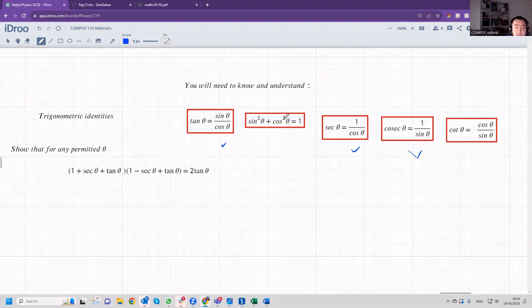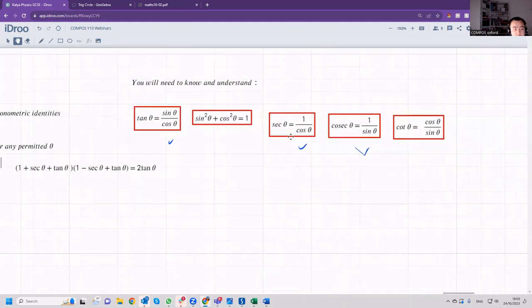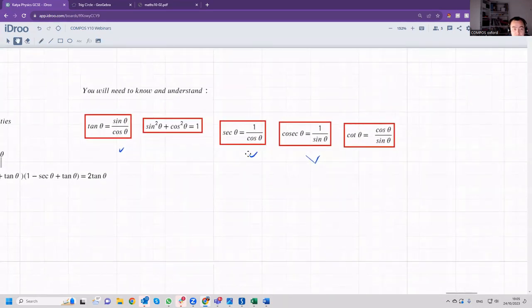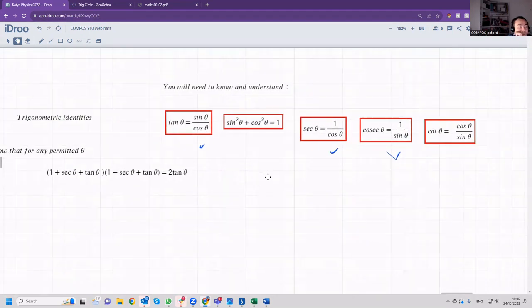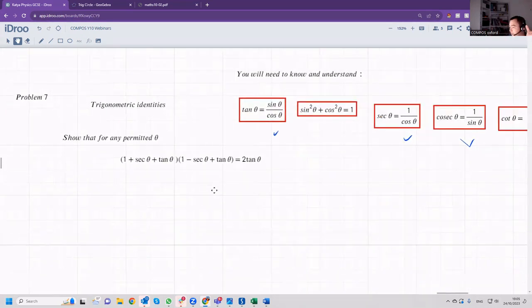Just remember, these are trigonometric functions. We have sine, cos, tan, cotan, cosec, sec. That's pretty much it. These are different trigonometric functions.